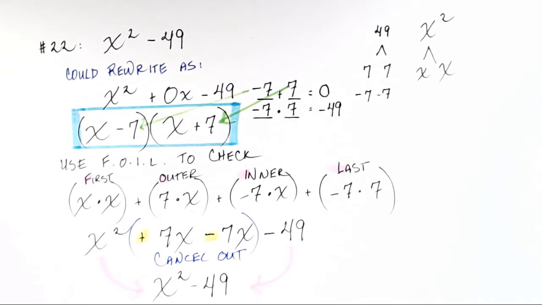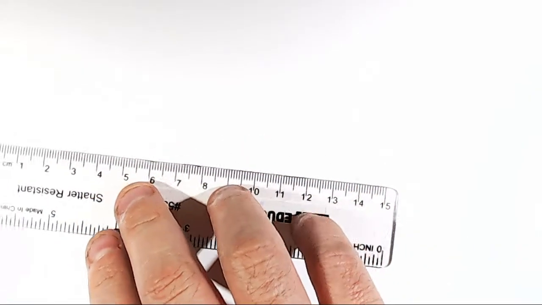Pretty easy. Okay, now I would like to look at two problems where there's a leading coefficient, but it's still a difference of squares. Same idea. And this is going to be number 23 from the builder.